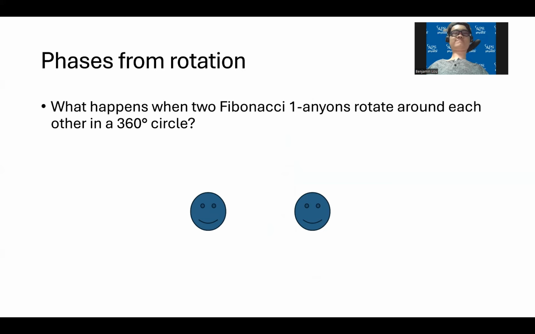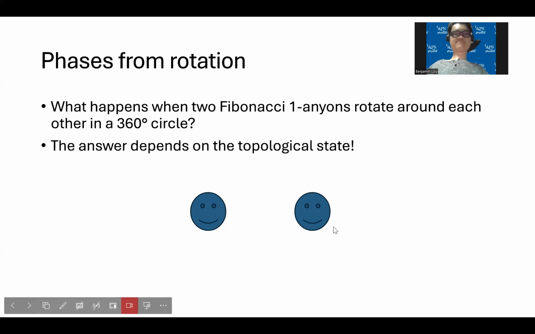To answer this question, let's imagine rotating 2 Fibonacci 1 anyons around each other by 360 degrees. So what happens is actually going to be dependent on the topological space, which is the root of the power of these anyons for quantum computation.